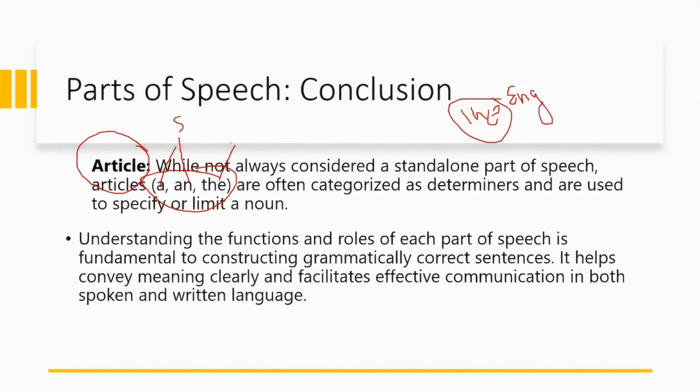It helps convey meanings clearly and facilitates effective communication in both spoken and written language. So what role these words are playing is understood when you know the parts of speech.